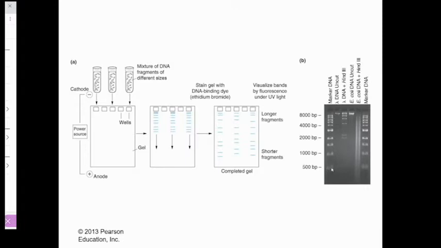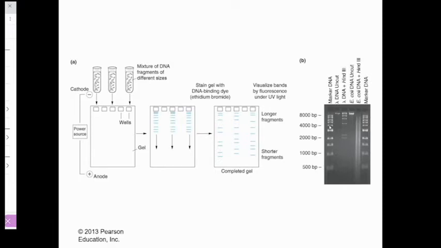You can see the smaller fragments run faster and the large fragments run slower. Also, for the same distance, you resolve 500 base pair here, but if you put it here, that'll be 2,000 and 4,000. So basically, the resolution is better at the bottom, and resolution is poor at the top of the gel.